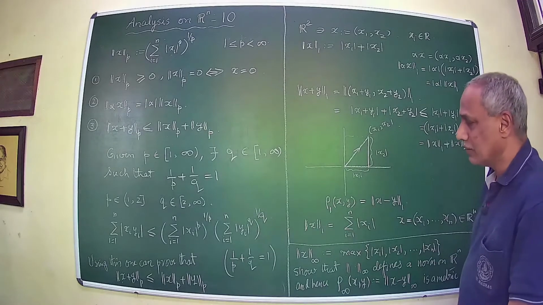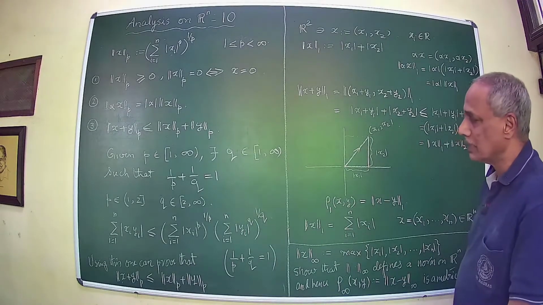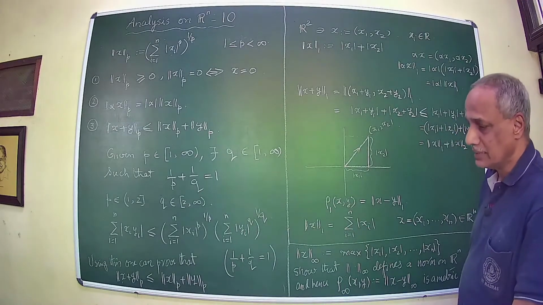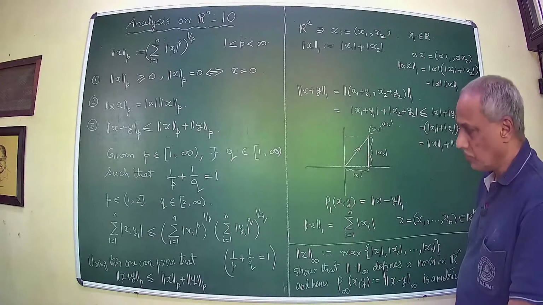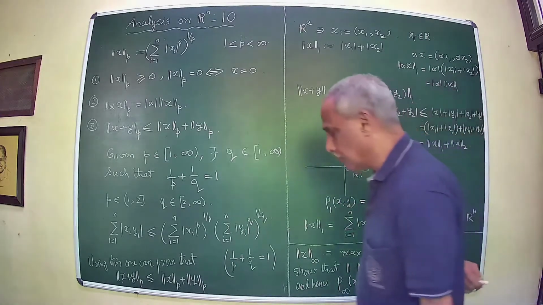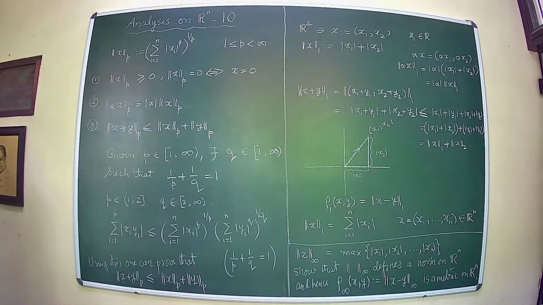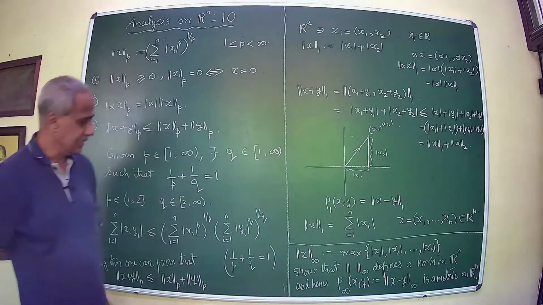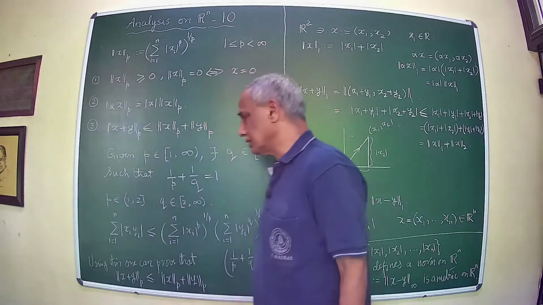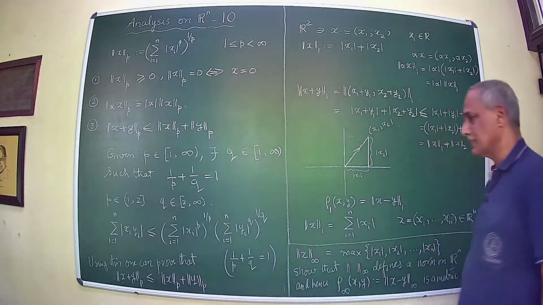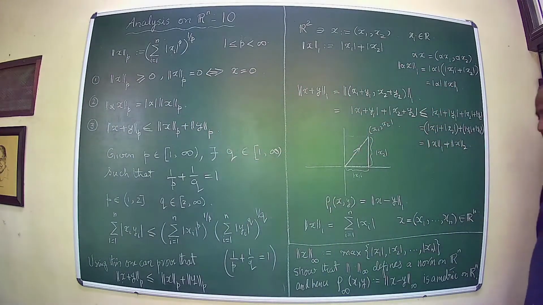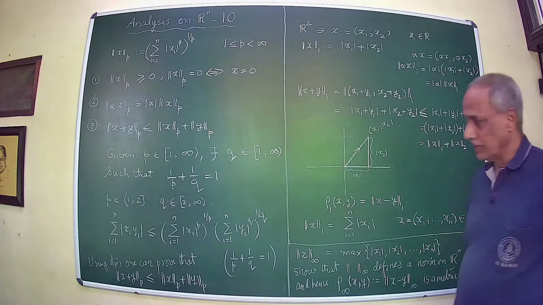In fact, a more general result will be something like this. You have got a sequence of real numbers xi, i running from 1 to n. And yi is another sequence, say y1, y2, etc., yn, real numbers.